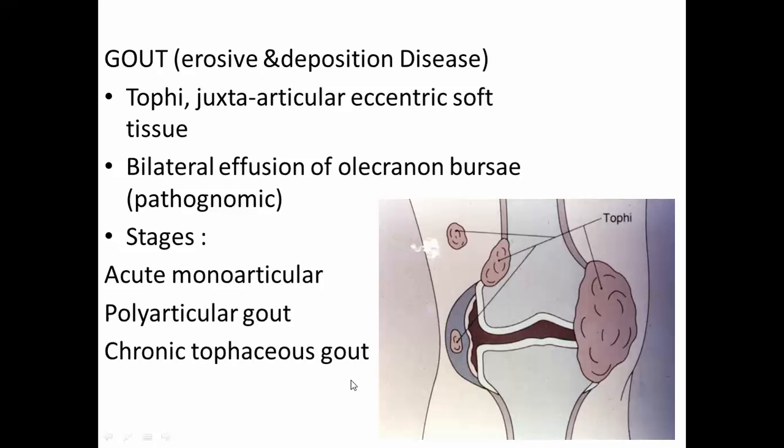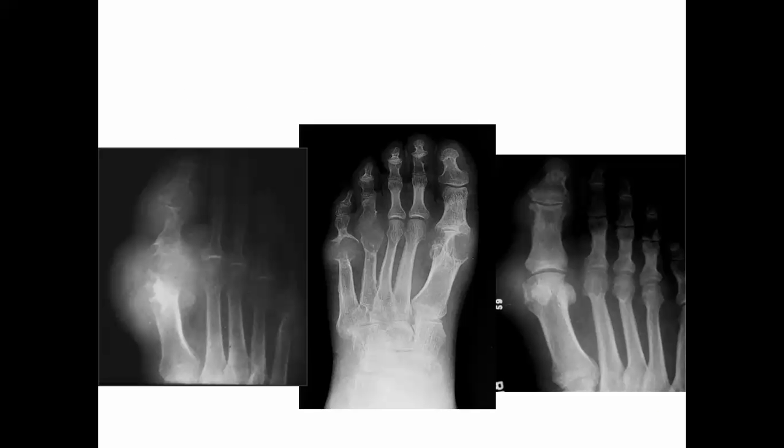So the erosions are juxta-articular, near to the joint, related to the capsule again mainly, and eccentric in position, but it can be subcutaneous or soft tissue nodules.